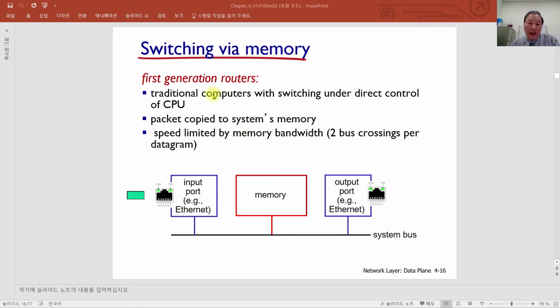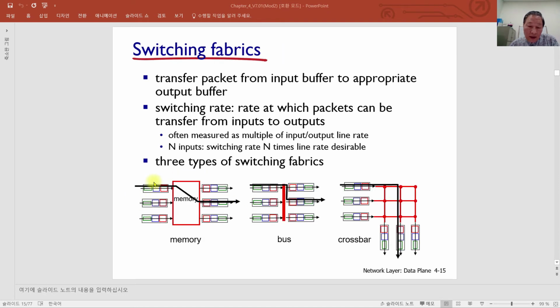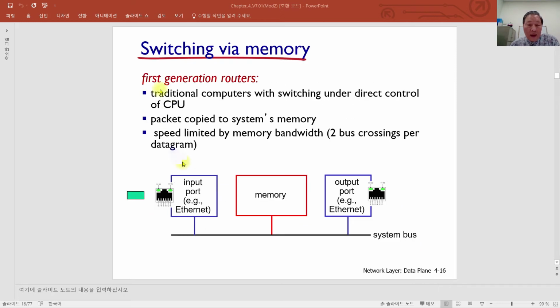This is explaining each one. First one, memory. This is the switching fabric. Let's go back. This is explaining about this. First generation routers are the simplified ones, very similar to personal computer architecture.